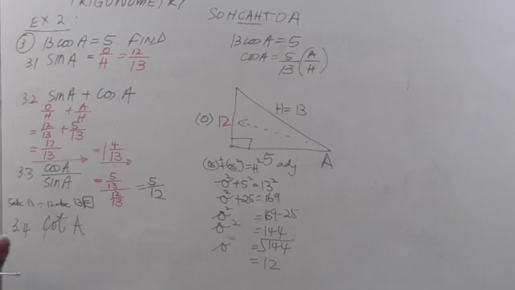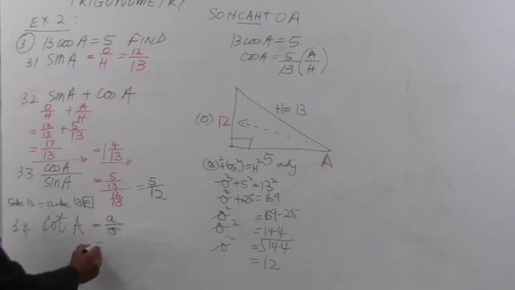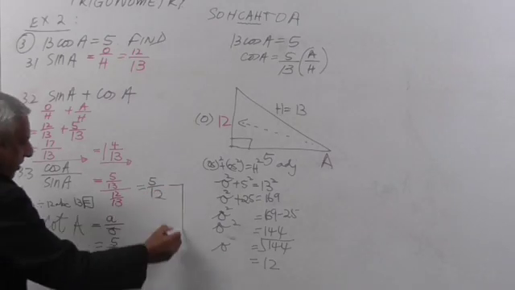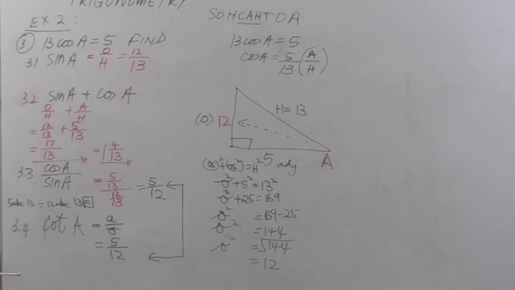Cot of A. Cot of A is clearly A over O. A is adjacent. Adjacent is 5. Opposite side is 12. If you compare, you will find that these two are equal, right? So you can even come to a conclusion that cot A is equal to cos A over sin A. So this is a new identity.